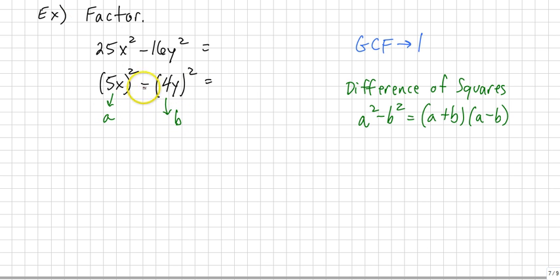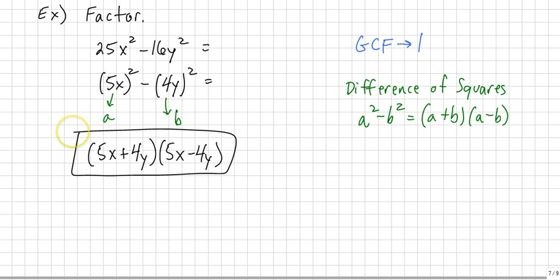So we have a squared minus b squared. So now we know exactly how it factors. It factors into these two things, so it'll be a plus b times a minus b. And that'll be our factored form.